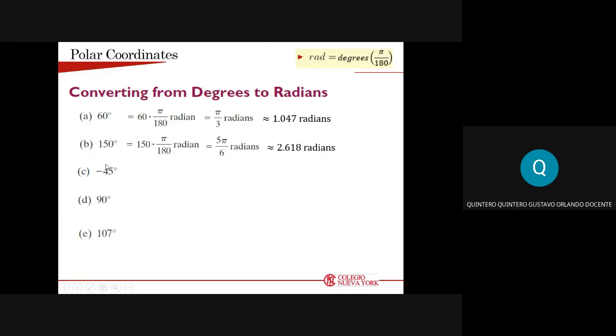All right, let's continue. Let's go for C and see who gets it first. For this one, since you see here a negative 45, a negative number, then you are probably going to expect a negative radian. Just put it in the calculator, and simplify it if you want to.